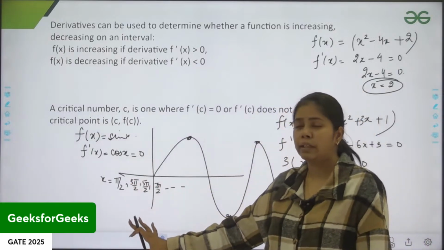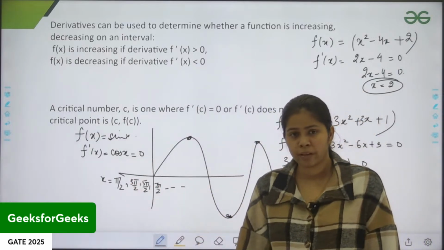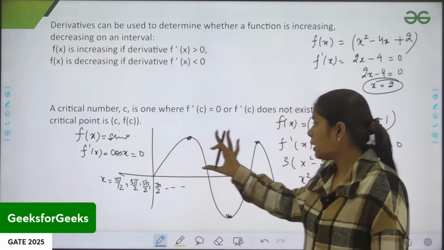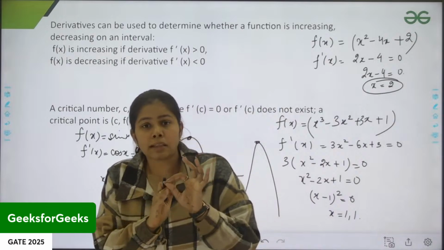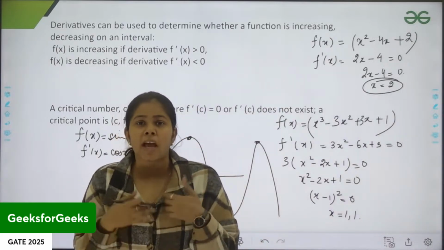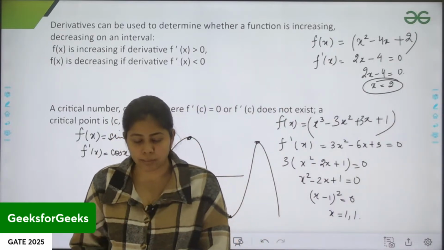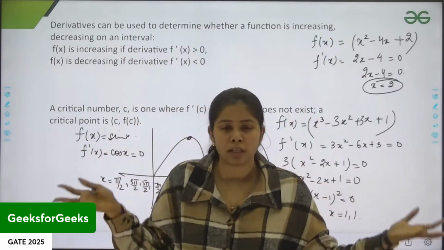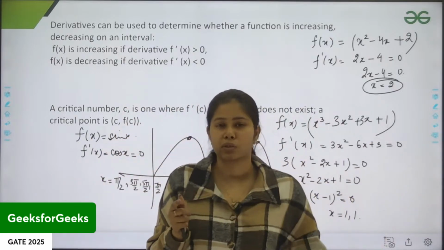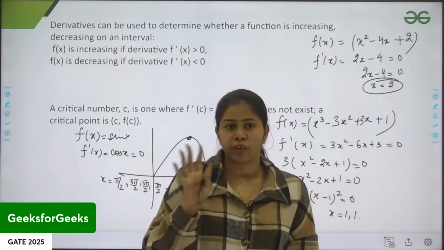So I hope the critical point thing is clear to everybody. But till now, I have found out that at a critical point there can be maxima or minima, but I have to find out whether it is maxima or minima, right? I do not know that yet. I have found all the critical points by putting the derivative equal to 0. That I got, how to find the critical points.